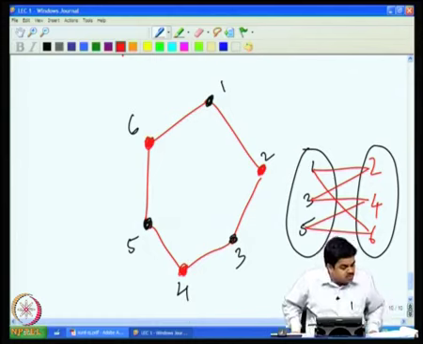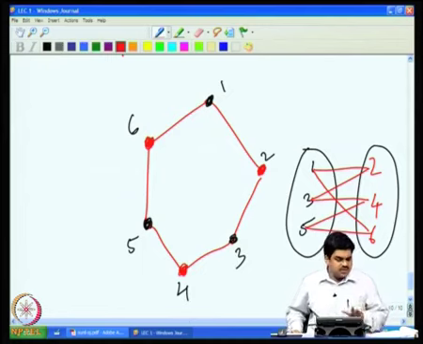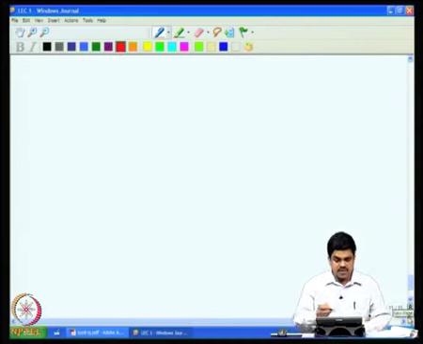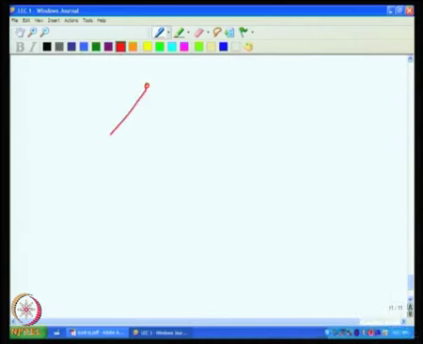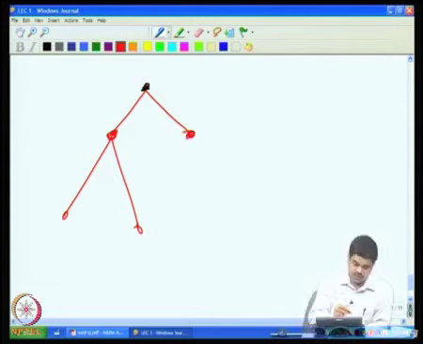So, is it possible that any graph is bipartite? Let us consider some simple examples, like a tree. So, this is a tree. Is this a bipartite graph, for instance? Yes, this is a bipartite graph because we can place, say, this in one side, and then the immediate children of that can be placed in the other part, and then the children of those can be placed in the other part like this.